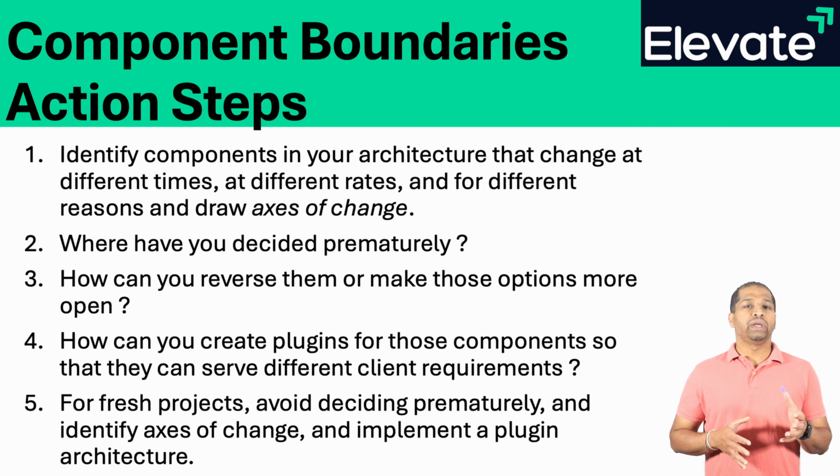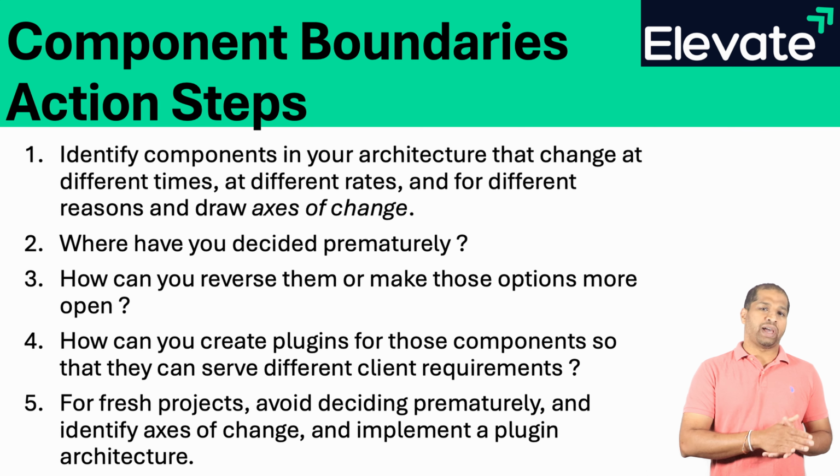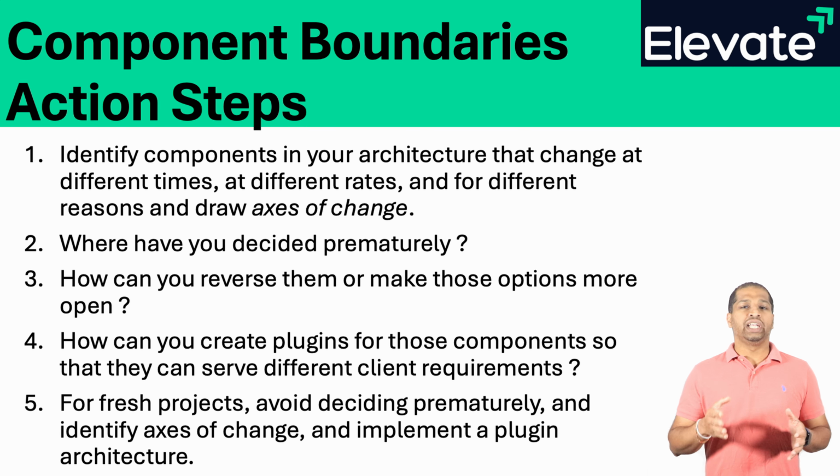Next, how can you benefit from a plugin architecture so that different client requirements can be served with different plugins? Most importantly, in fresh projects, avoid premature decisions on databases, input-output, networking mechanisms, etc. Attempt to identify axis of change and component boundaries. Implement a plugin architecture for versatility.